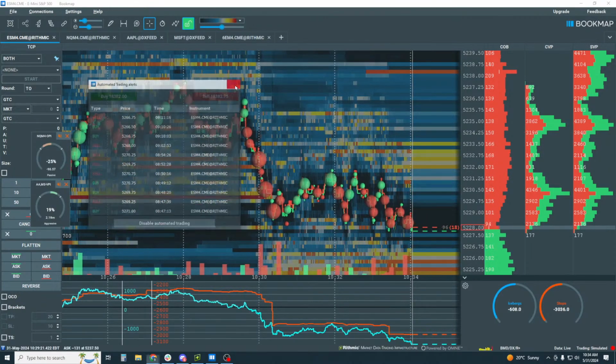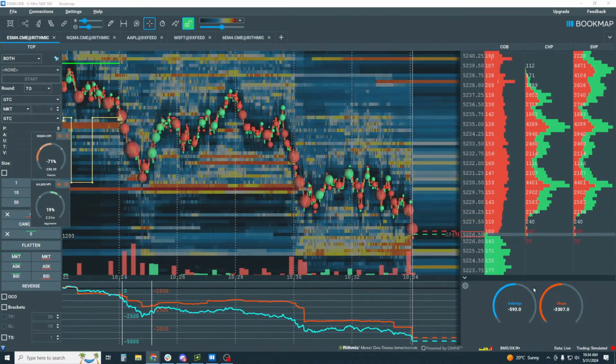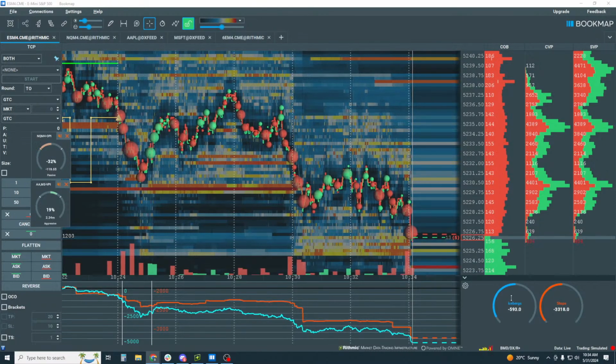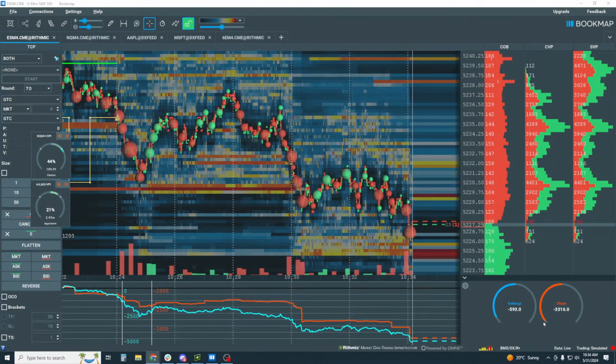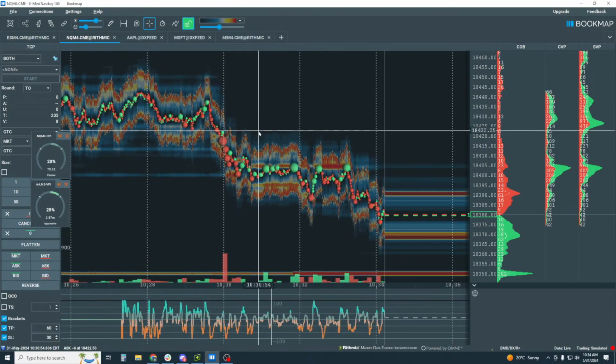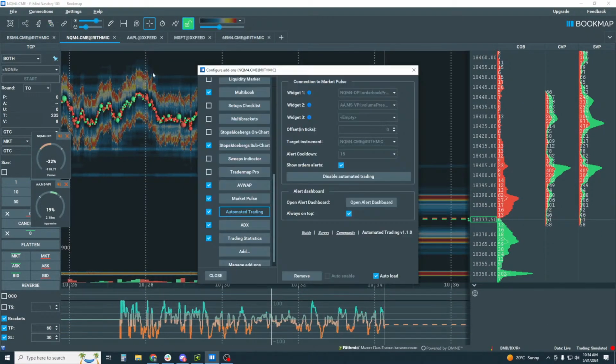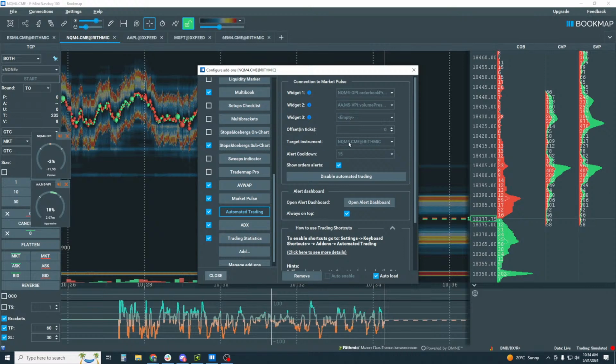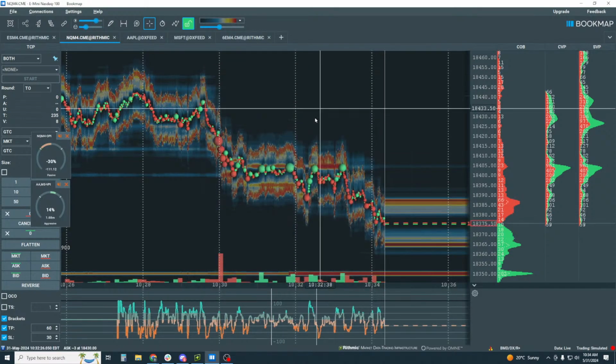I'm going to close this window for now, and our notification will come up in the lower left here. Now let's jump over to the NASDAQ as well, because I think that's what we chose as our target instrument.